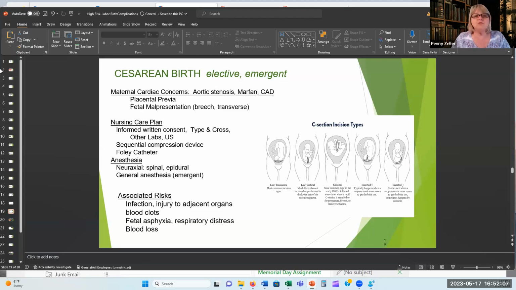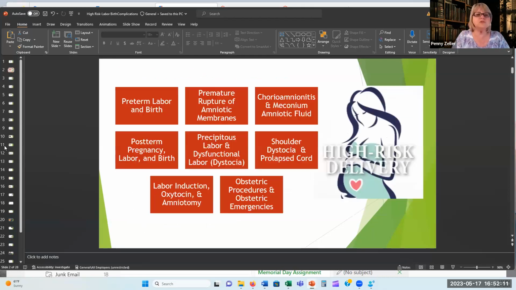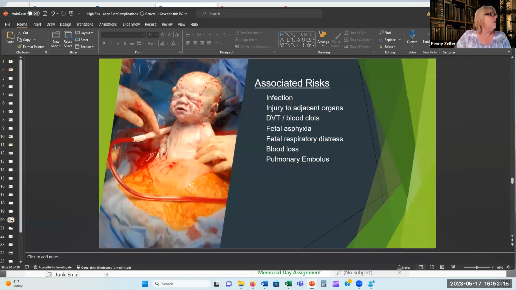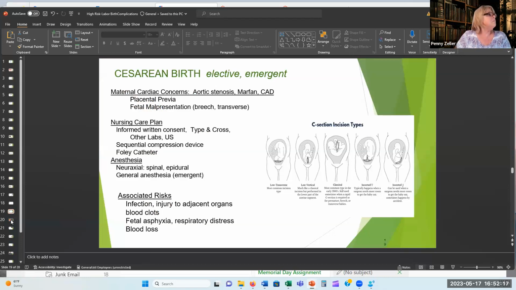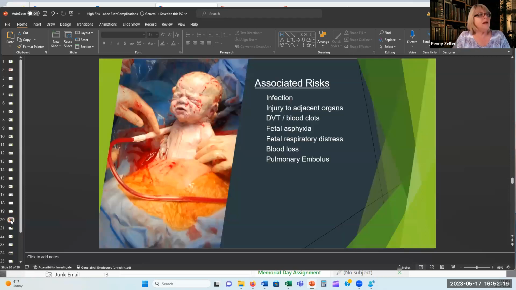When a baby's delivered through the vaginal canal, the lungs are squeezed slowly, so the excess fluid in the lungs is slowly released during a vaginal delivery. Whereas during a C-section, the baby doesn't go through that. So there's a little more transient tachypnea, maybe a little more respiratory distress with our C-section babies.